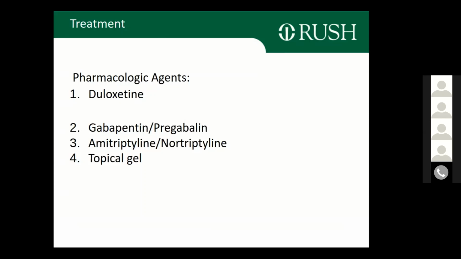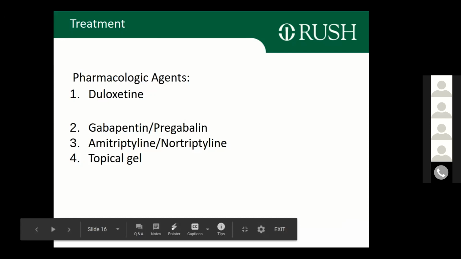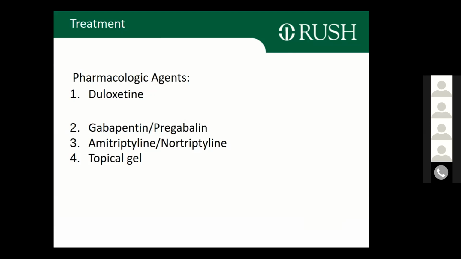So we're talking about pharmacologic agents. We'll talk about the pills first, and then other options that people have tried. The other agents, numbers 2, 3, and 4, are ones we tried to borrow from other painful neuropathies like diabetic neuropathy: gabapentin, which is Neurontin, and pregabalin, which is Lyrica.